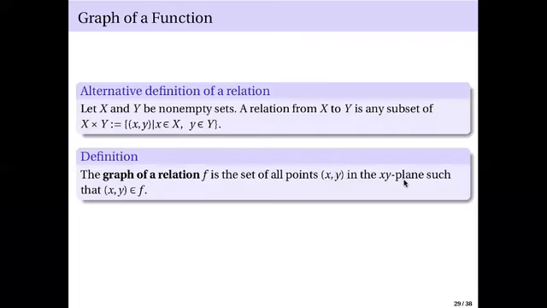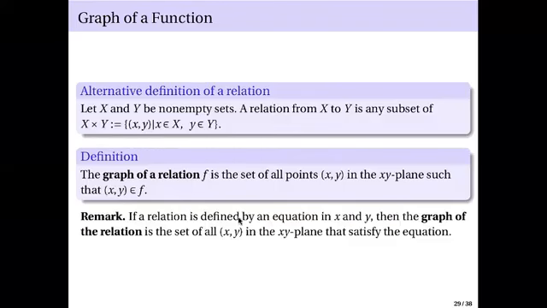That's your rectangular coordinate system, such that x comma y is in the relation F. So remember, a relation is a subset of this set. So we have to make sure that the coordinate x comma y also belongs to the relation. Okay?